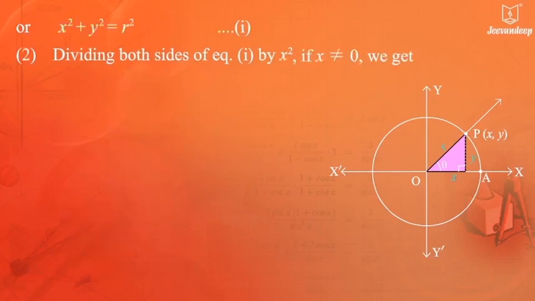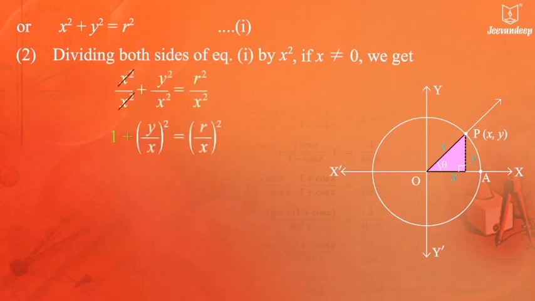Second proof. Dividing both sides of equation 1 by x square, if x does not equal 0, we get x square upon x square plus y square upon x square equals r square upon x square. 1 plus (y upon x) whole square equals (r upon x) whole square.